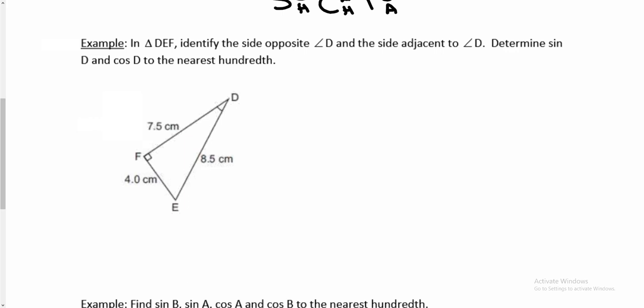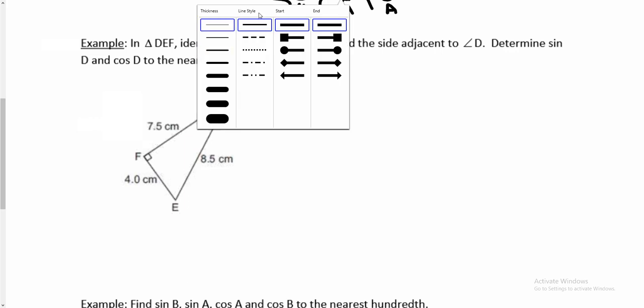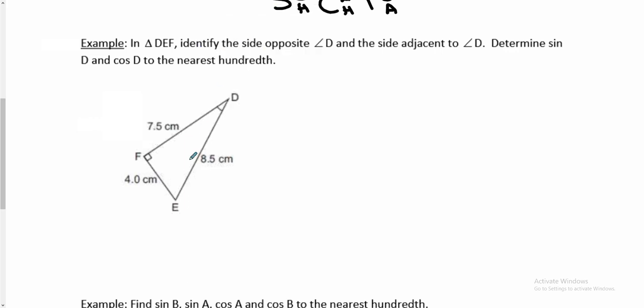In triangle DEF, identify the side opposite of angle D and the side adjacent. So if we look here, the side opposite is 4, and the side adjacent is here, and the hypotenuse is here.